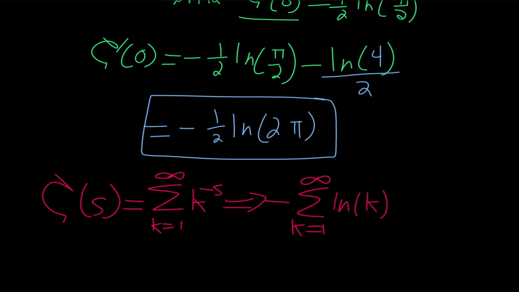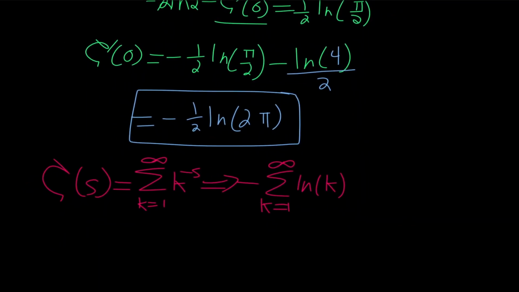But what's another thing we know about logarithms? Well, if we add 2 logs together, or 3 or 4 or infinity, we can just convert that into a single logarithm, right? So what we can say is this right here is equal to the negative natural log of the product from k equals 1 all the way up to infinity of just k.